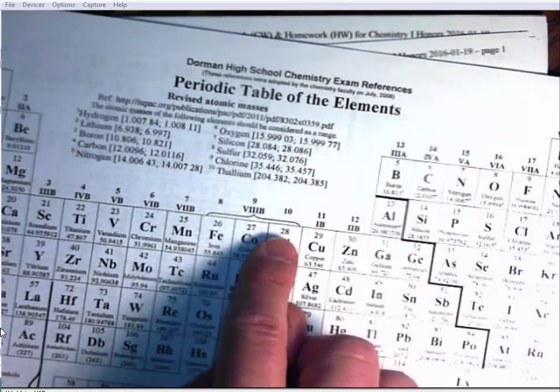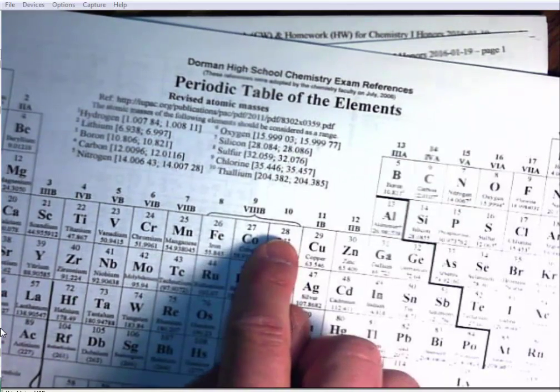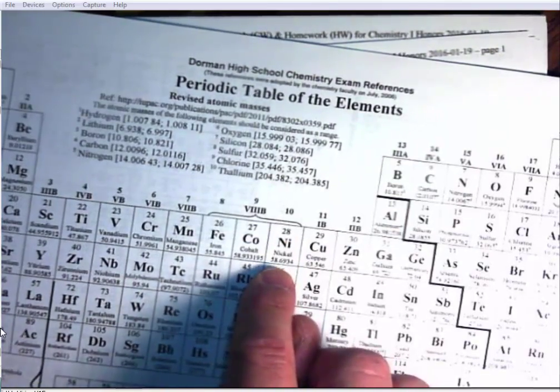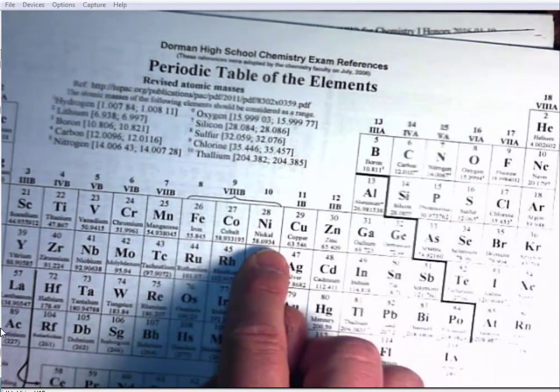So all nickels have 28 protons, but not all nickels have the same number of neutrons, and that is where we get isotopes from. Isotopes are different forms of the same element, differing only in the atomic mass, because they're also differing in the number of neutrons. And so this average atomic mass is the weighted average of all the different known isotopes for nickel.